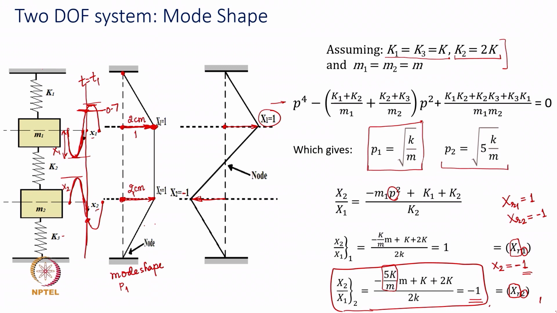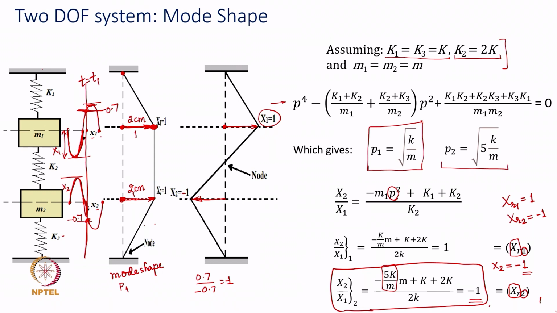At the same time, the amplitude of mass m2 will be minus 0.7, and that ratio will remain the same. So, 0.7 divided by minus 0.7, that -1 ratio remains the same at each and every instant of time in the whole cycle of oscillation.